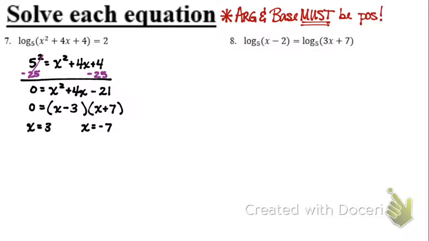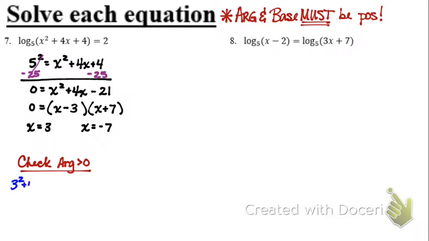So I'm going to need to check to make sure that the argument is greater than 0. If I use 3 and I substitute it in the place of x, will I end up with a positive number? Yes.